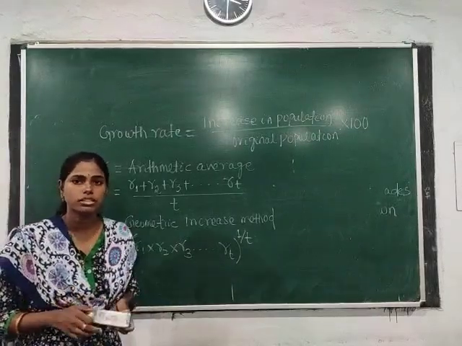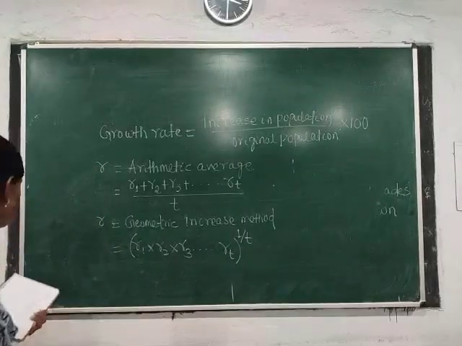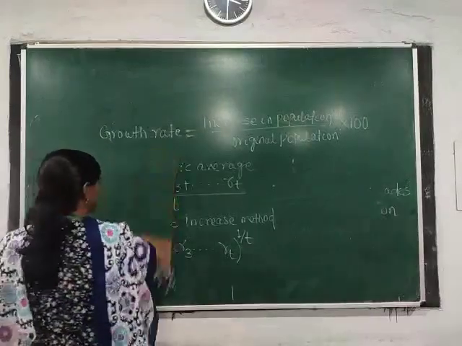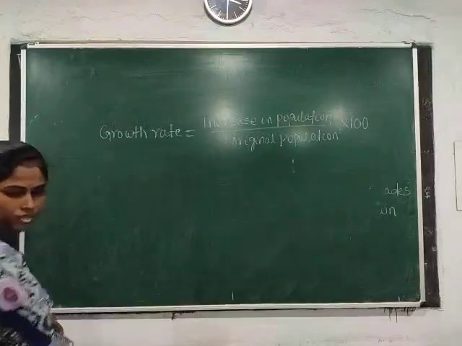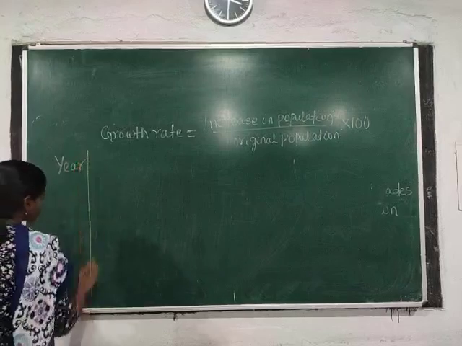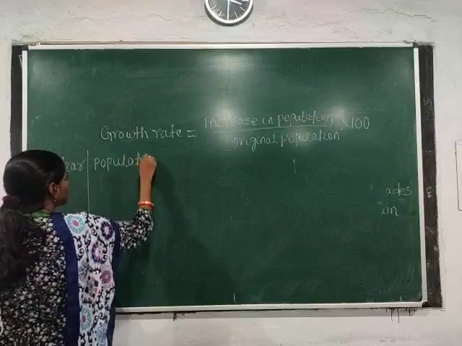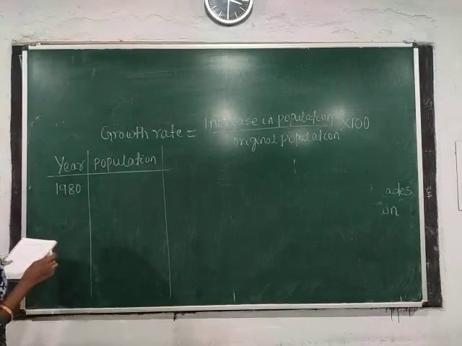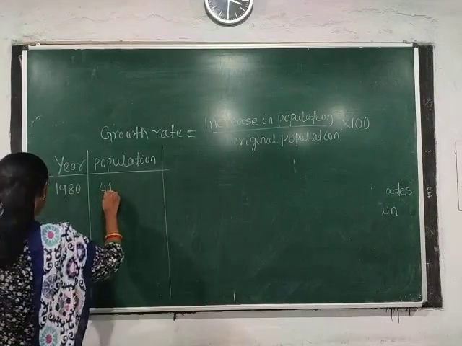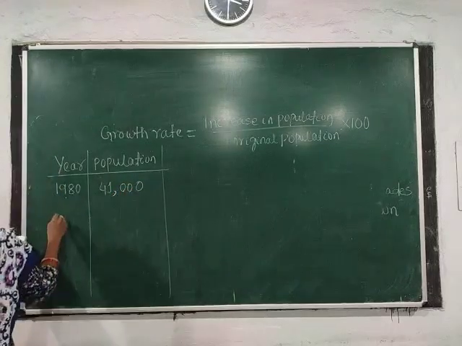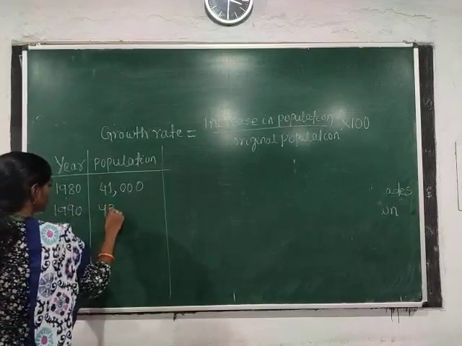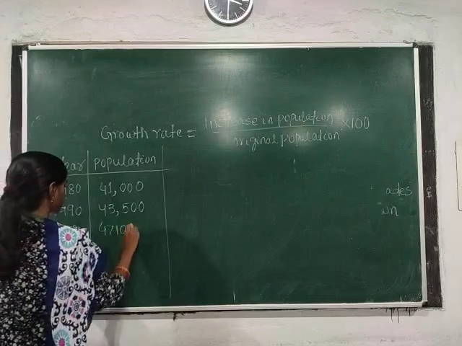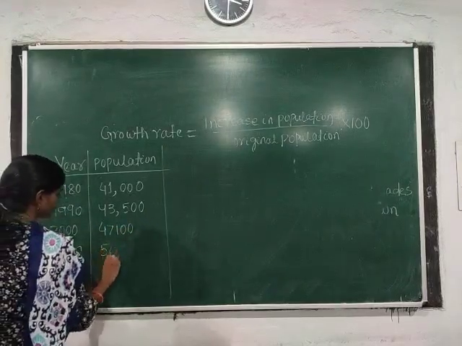Now let us solve one example using this geometric increase method. Suppose the population of different decades is given: for 1980 the population is 41,000, in 1990 it is 43,500, in 2000 it is 47,100, and in 2010 it is 50,000.